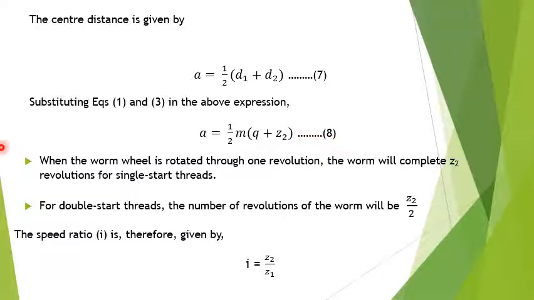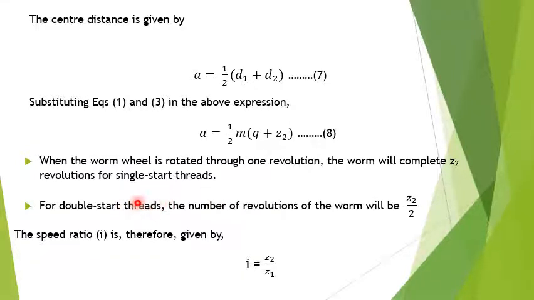It is to be noted that when the worm wheel is rotated through one revolution, the worm will complete Z2 number of revolutions when it has single start threads.